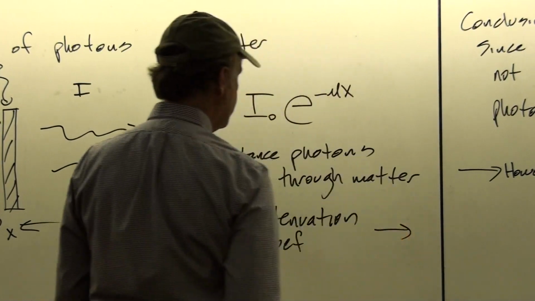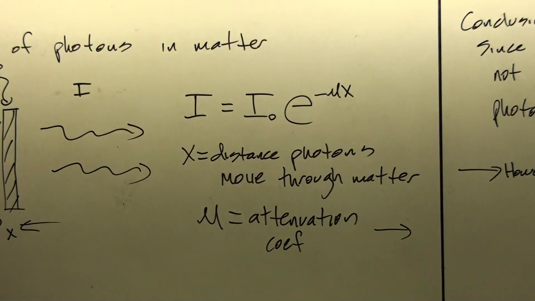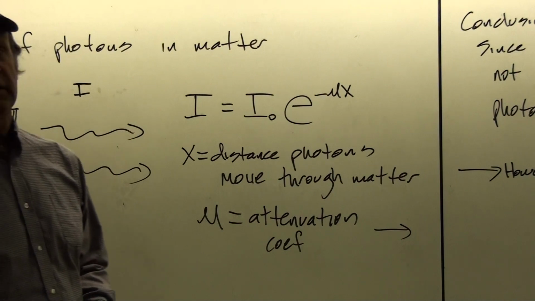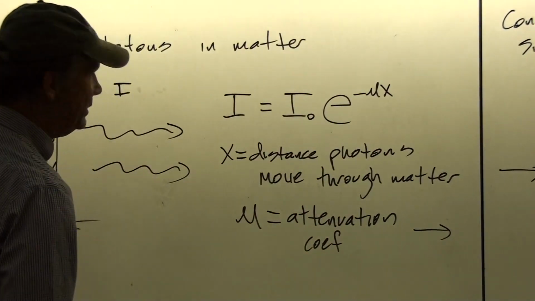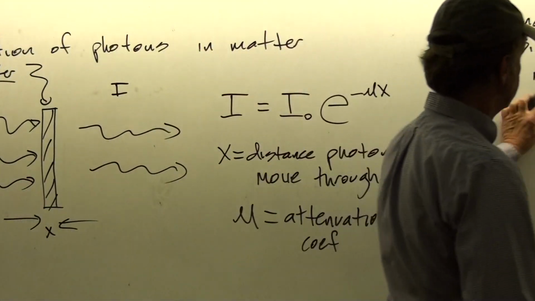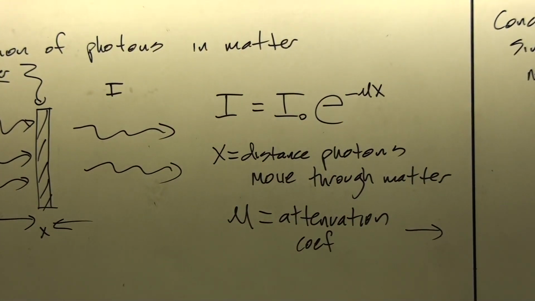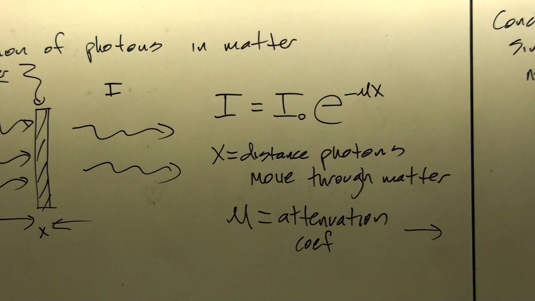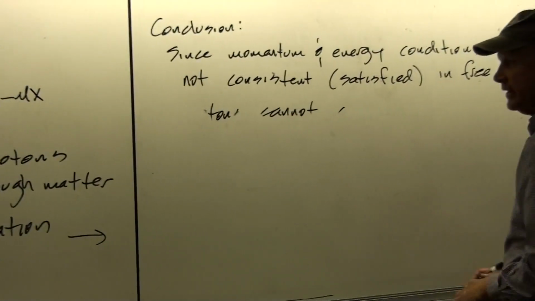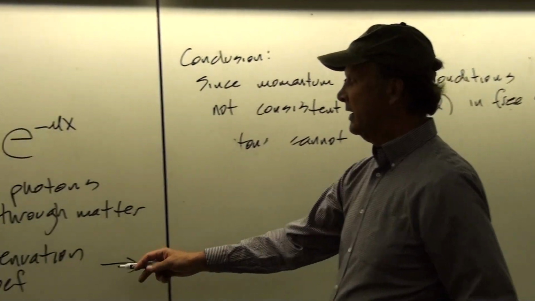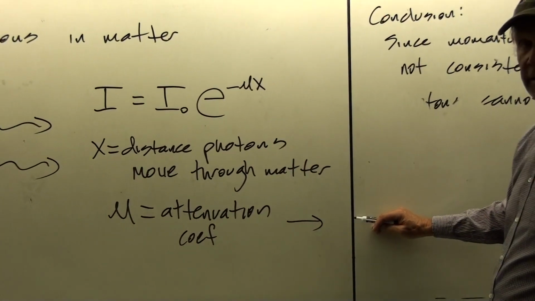And so this then would be a function of the material and also of the frequency of the photons that make up the beam. So mu might be different if we're talking about energies on the order of an electron volt, because that would be more photoelectric effect.